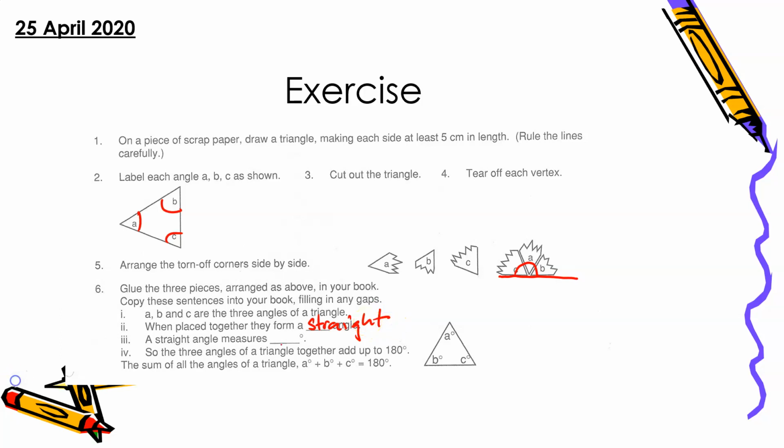A straight angle measures 180 degrees. So the three angles of the triangle together add up to 180 degrees. The sum of all angles in a triangle, A plus B plus C, must equal 180 degrees. And this will be the case for any triangle that you have.